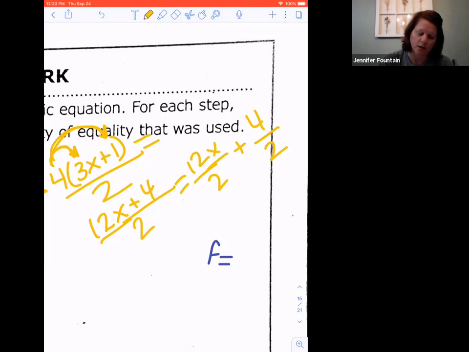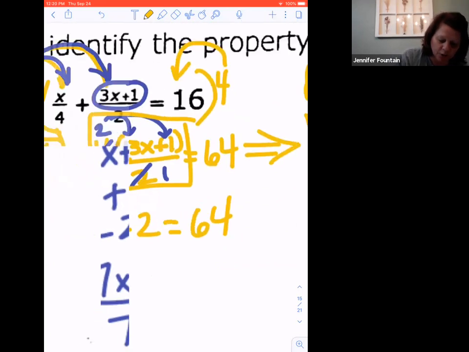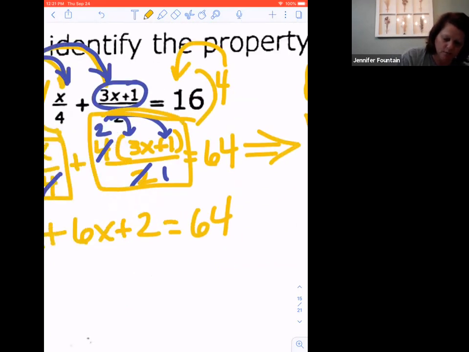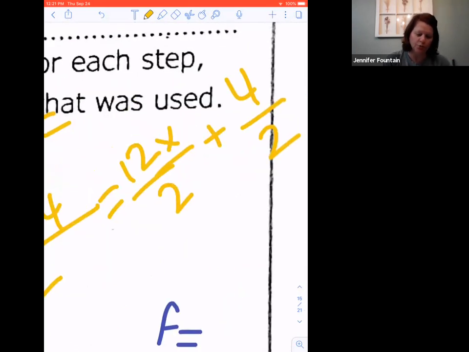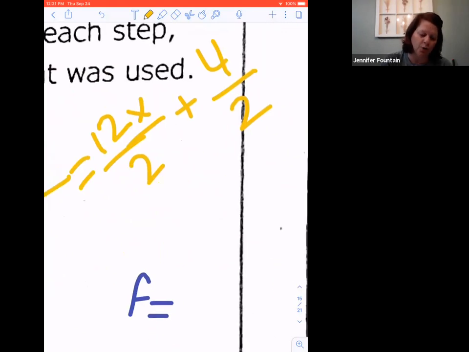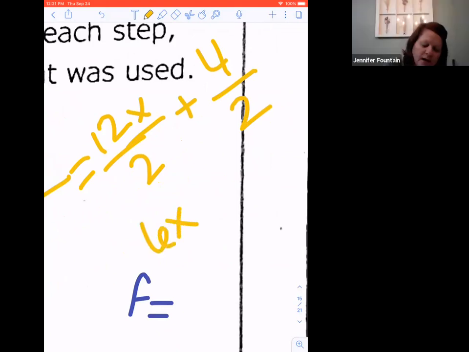Okay, so had I not canceled in this step right here, I would end up with 12x over 2 plus 4 over 2. What is 12x divided by 2? 6x. What is 4 divided by 2? 2. So I'd end up with 6x plus 2, right?